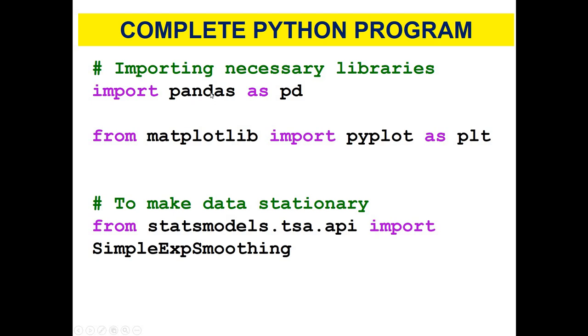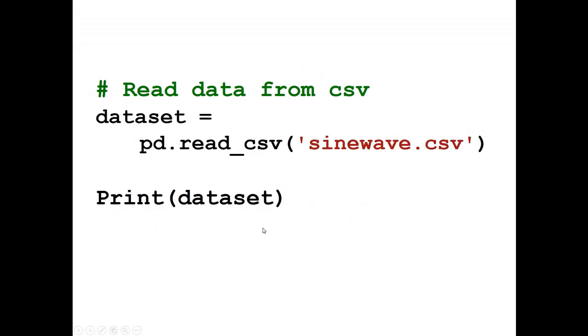As I said before, you need the pandas library and matplotlib to plot the data, which will be in all my future videos. And you have to use statsmodels and import SimpleExpSmoothing from that library. The data set is a sine wave.csv, which is nothing but an Excel file with one column of data, because it is time series data, with only one column with respect to time.